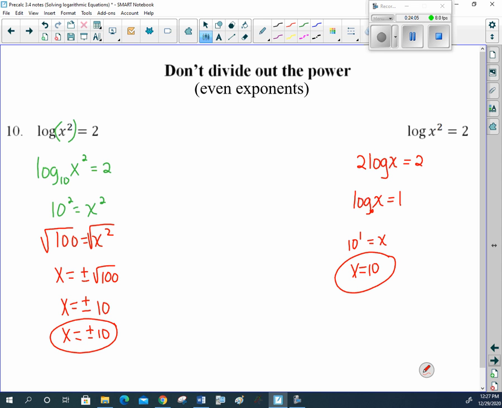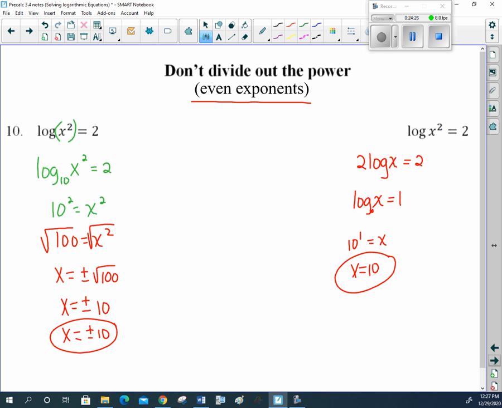So you need to be careful when you have even exponents. If you're unsure, oh, can I divide it or not? Don't do it. If you don't know that it's going to work, then don't do it. Odd exponents are okay, but dividing out even exponents, so what am I talking about?